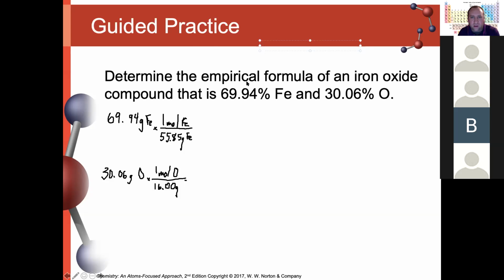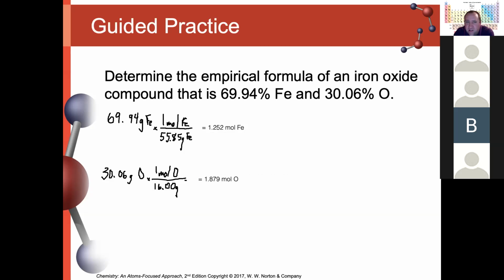And so that is going to equal out: 69.94 divided by 55.85, 4 significant figures, 1.252 moles of iron. 30.06 divided by 16 gives me 1.879 moles of oxygen.